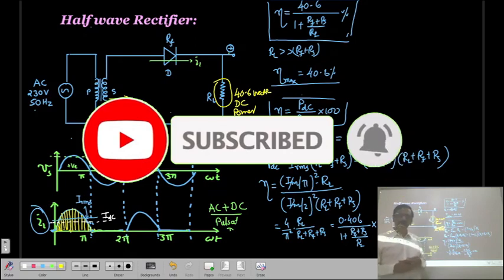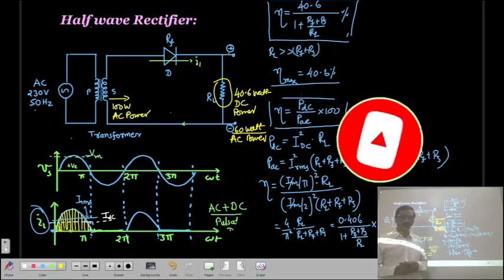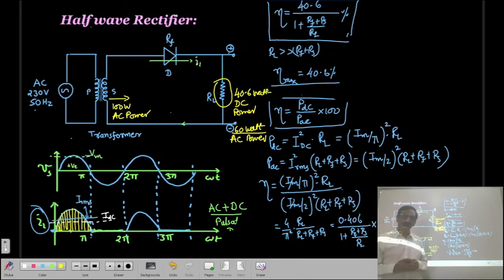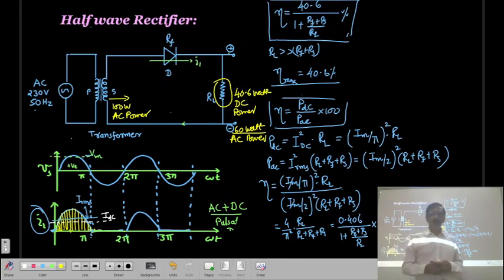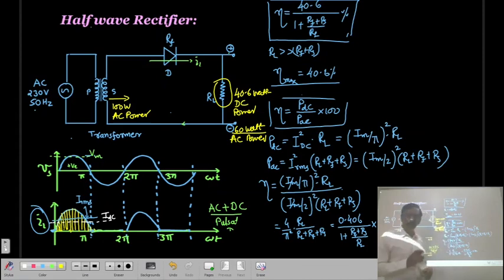But here you are not getting proper rectification, and therefore this rectifier is not widely used for making a power supply. That is one of the disadvantages of this rectifier, that the efficiency is very low. Now in the next lecture, we will discuss the ripple factor of a rectifier.